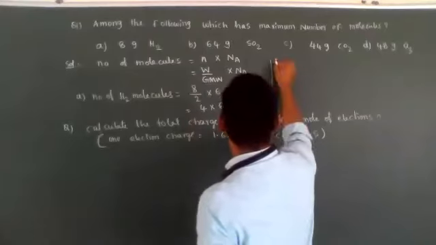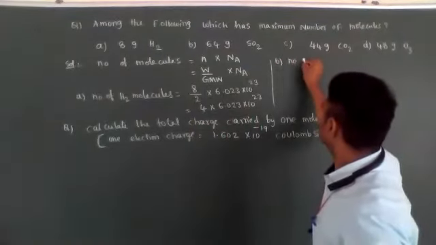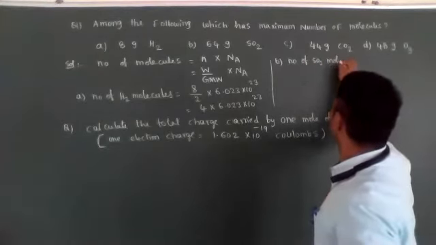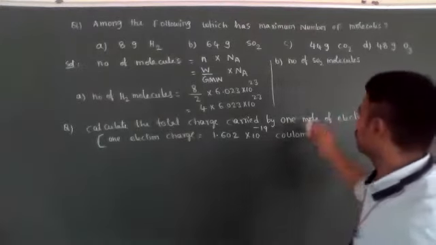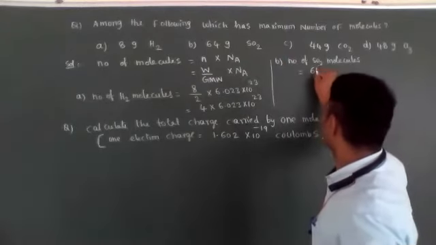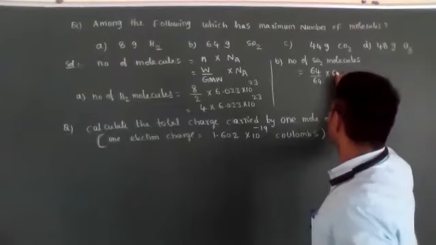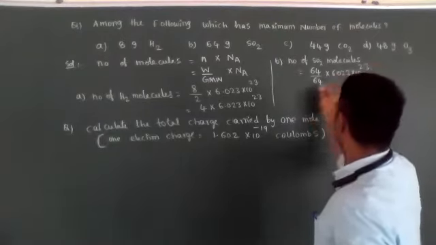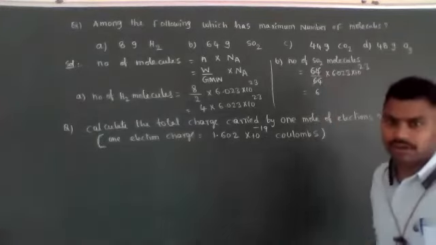Now the second option. The number of SO2 molecules is equal to weight 64, gram molecular weight 64, into 6.023 into 10 to the power of 23, which means the 64 will cancel.